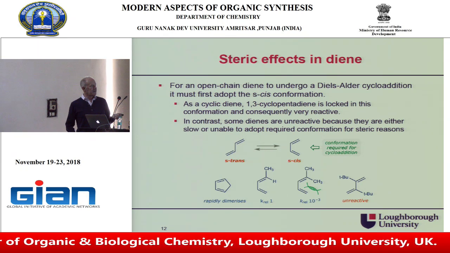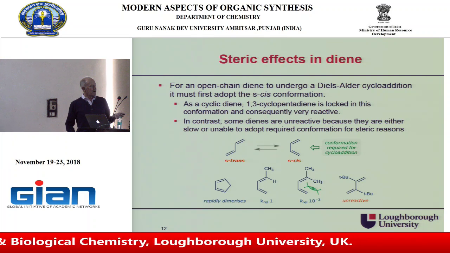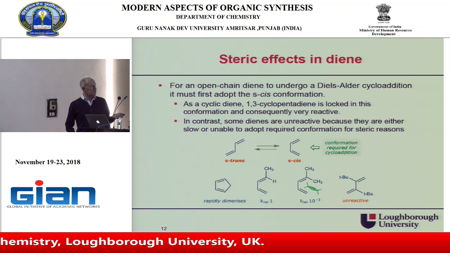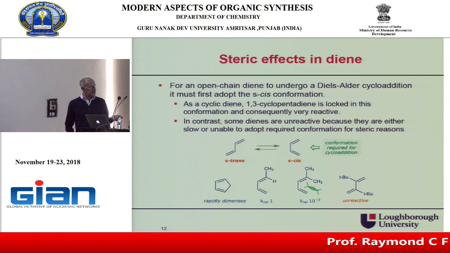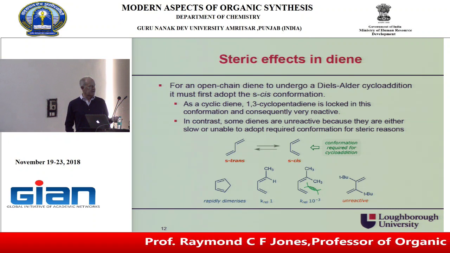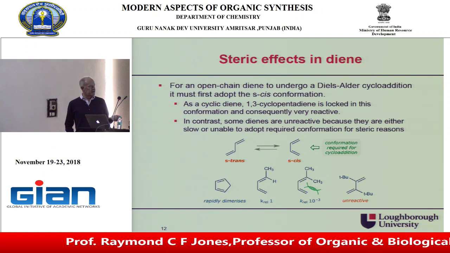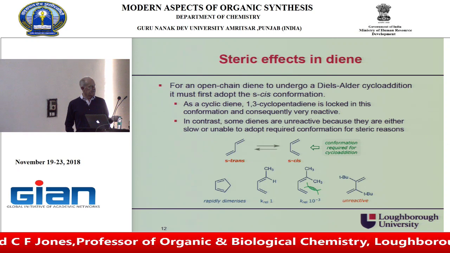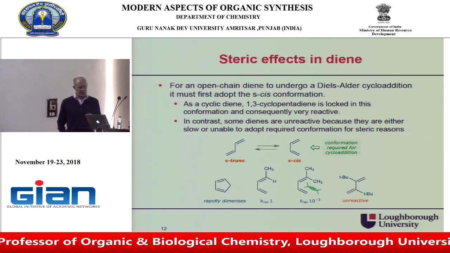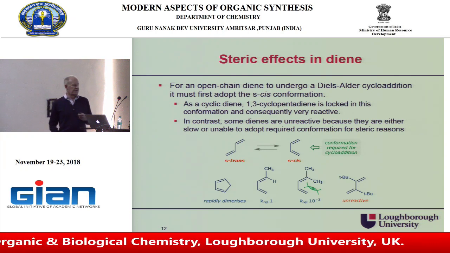There are some cases where dienes are unreactive, either because they're slow to reach the S-cis conformation or are just unable to reach it for steric reasons. So here's cyclopentadiene. If we set the relative rate of that in Diels-Alder reactions to be 1, then if you stick another methyl group on one end, that's about 1,000th of the reactivity.